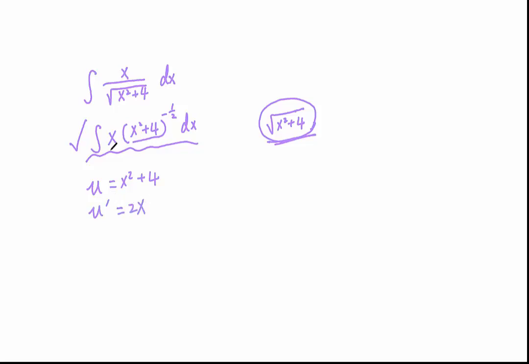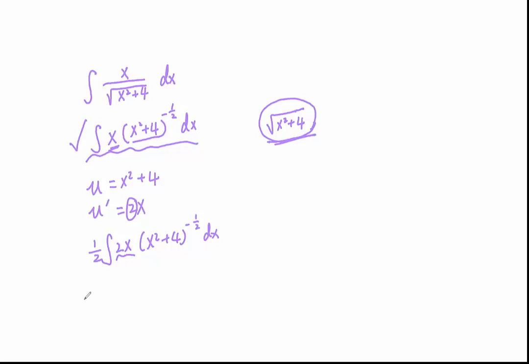I do have my x in front. I'm missing the 2. Now I'm going to add a half to x, my U prime right here, times x squared plus 4 to the negative half. Now I'm done since I have 2x in front.